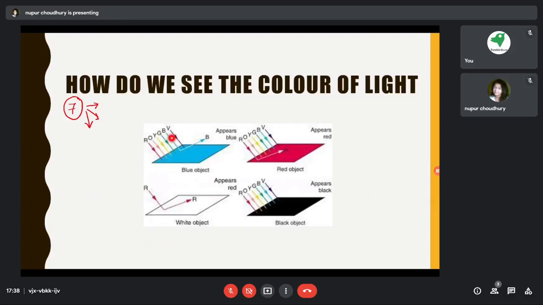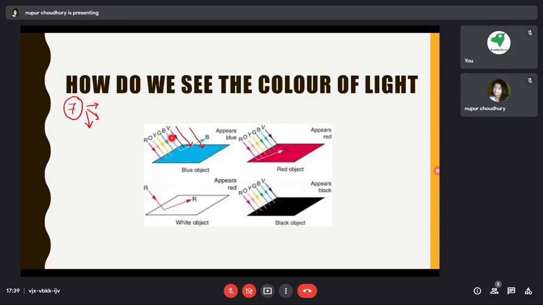As already mentioned in my previous slide, all the 7 different colors first of all fall on the surface of an object, and the color which is actually reflected by the surface is the color that we see that object to be in.